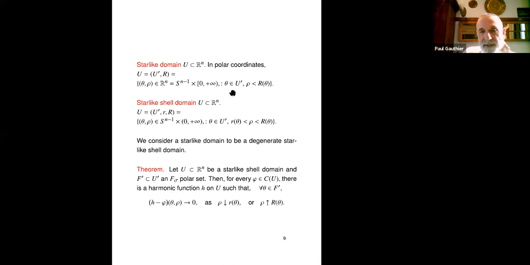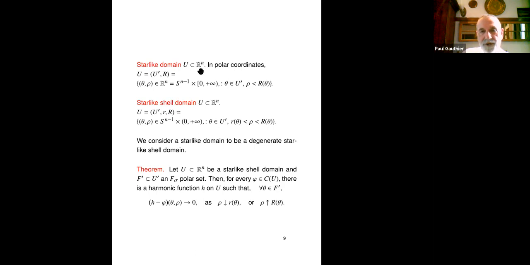So the sphere is the parameter space, and we choose F prime on the sphere, and we choose a function depending on the parameter, the value of theta in the sphere, and we choose two such functions, and then we get a shell domain.